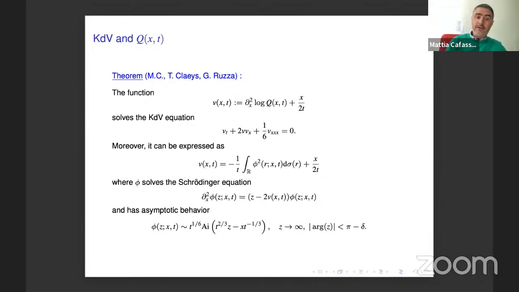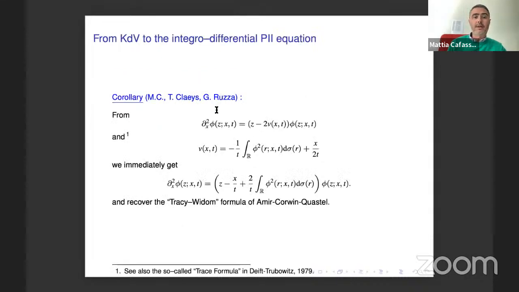Actually, it is hidden in these two equations, because, as I explained, you have this Schrödinger equation and a certain relation between the potential and the wave function phi. And of course, if you plug the second equation into the first one, you immediately get this equation, which is an integro-differential equation for phi.